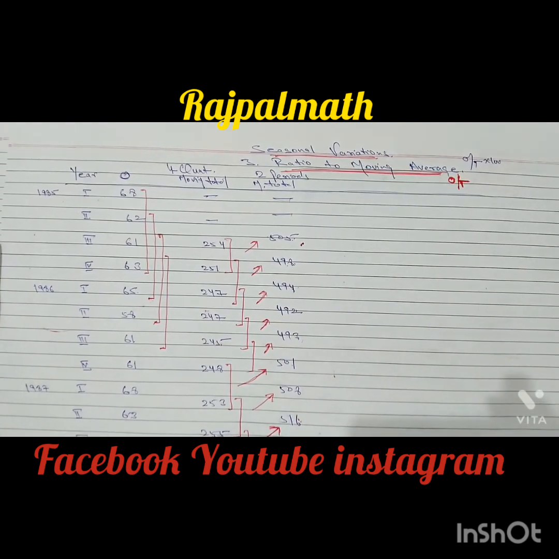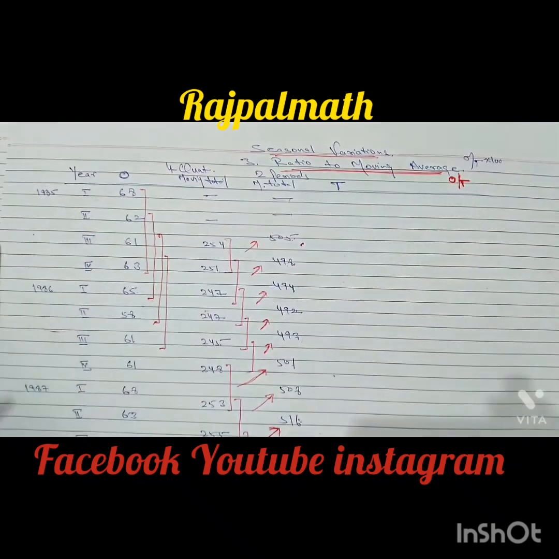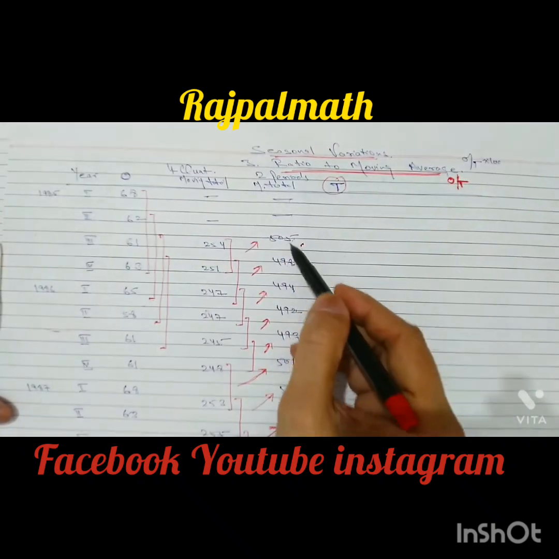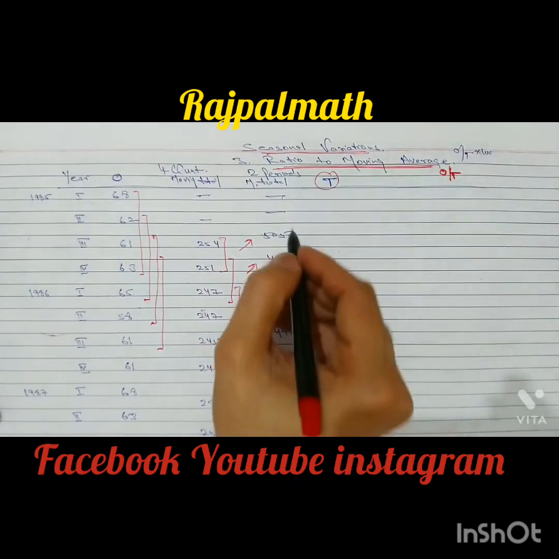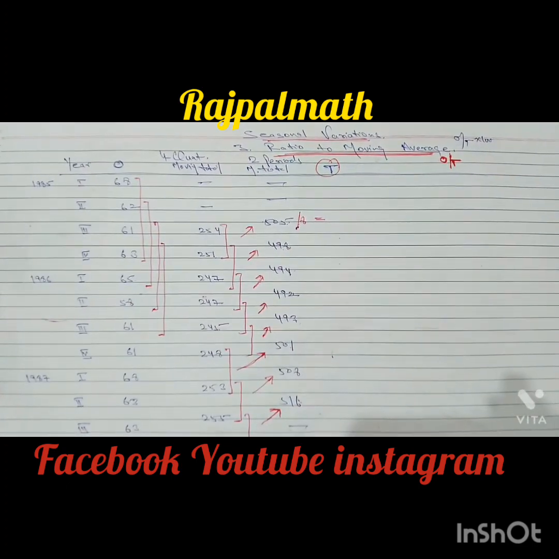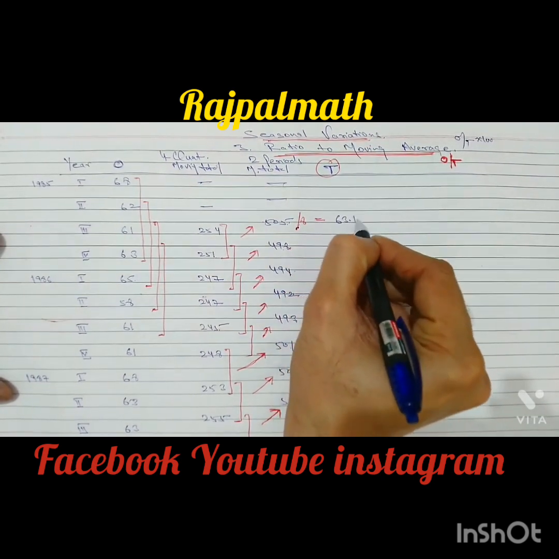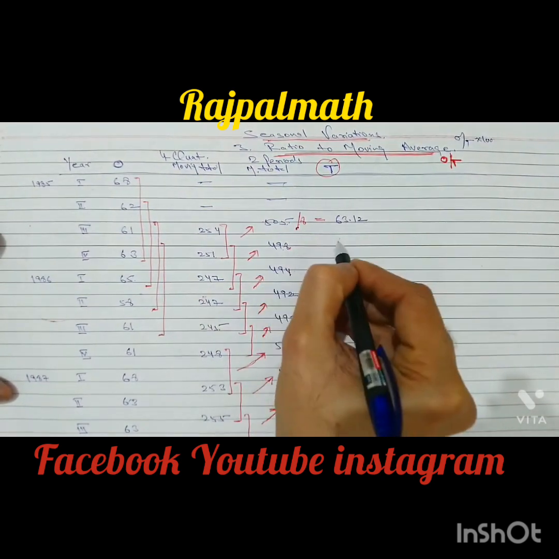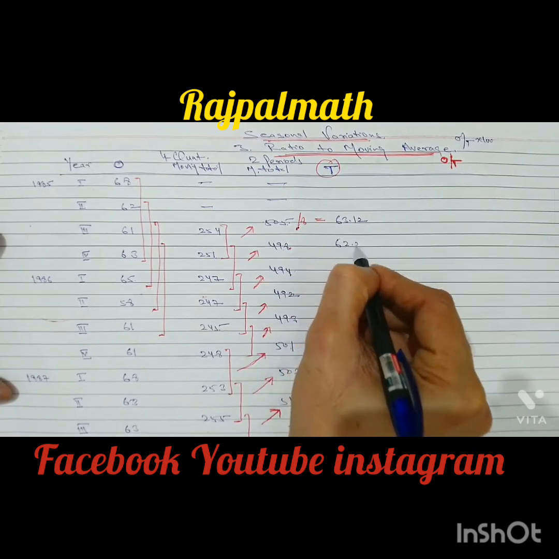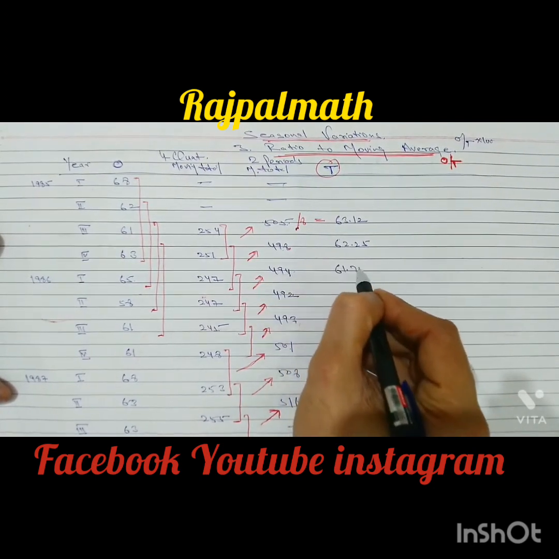Now next, find T. Same as the previous question, trend means the average of these numbers divided by 8. Divided by 8 we get 63.12. For next, 62.25. This divided by 8, 61.75.